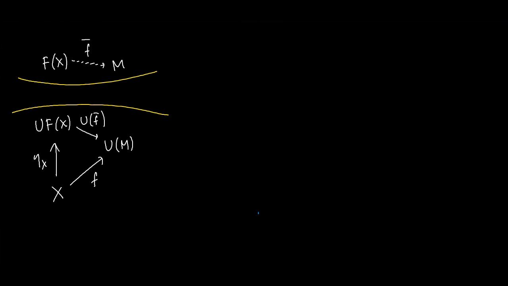Now I could dualize the whole picture. I again start with X. This time my functor still goes down from top to bottom, but my eta will now be reversed, so this will now become epsilon. And so what I will have here is still, I don't want to call it U anymore.